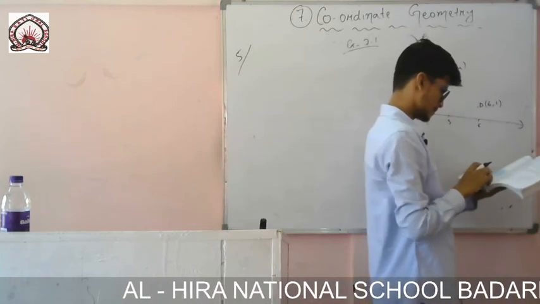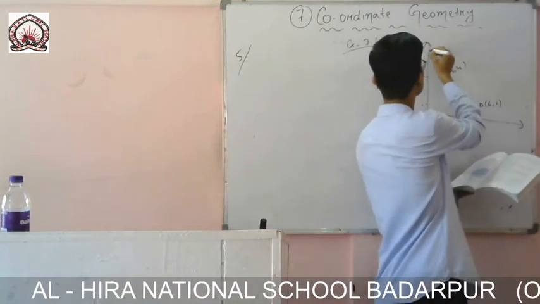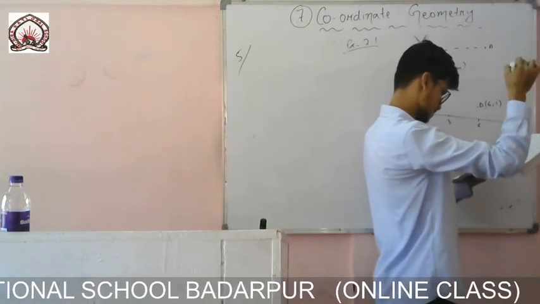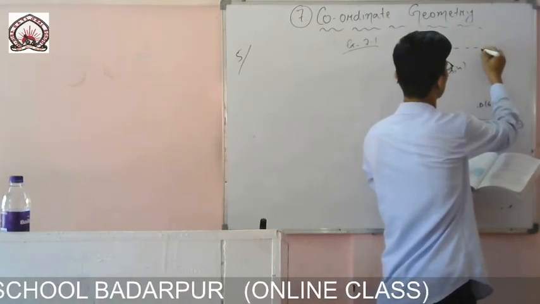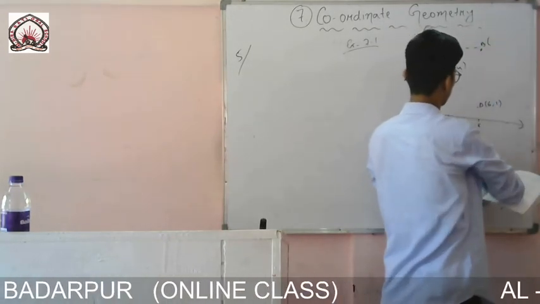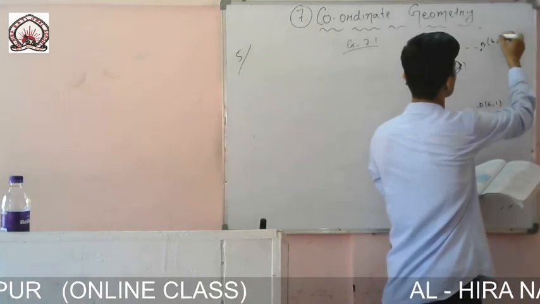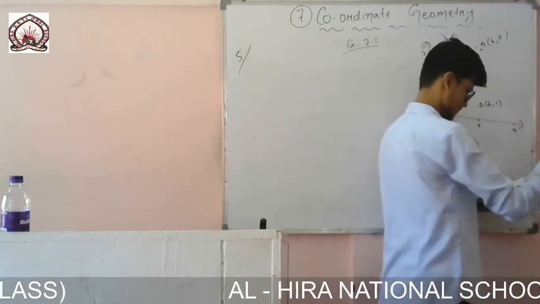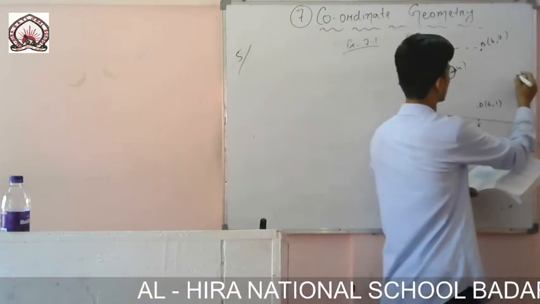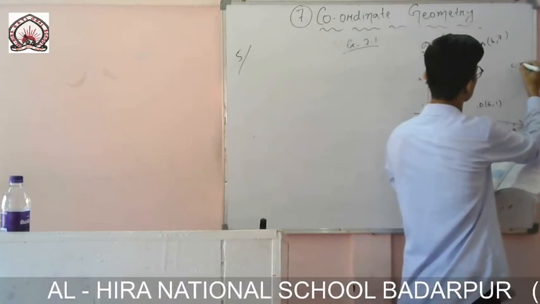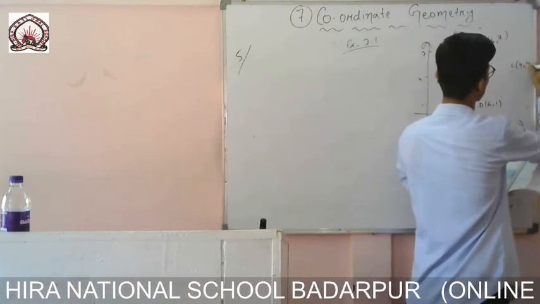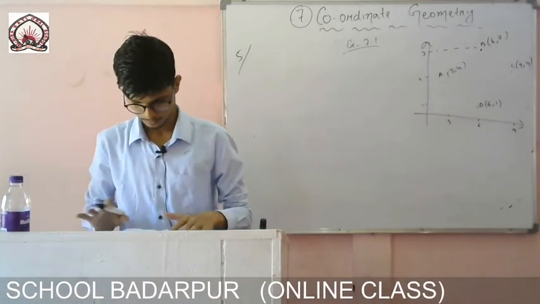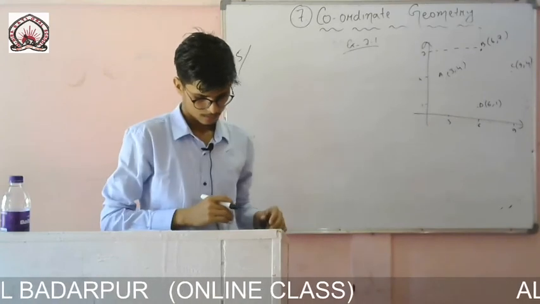Then B is given at 7 on that side, and 6 here, so B is 6, 7. And C is given at 9 and 4, so C is 9, 4. These are the four vertices of that square.